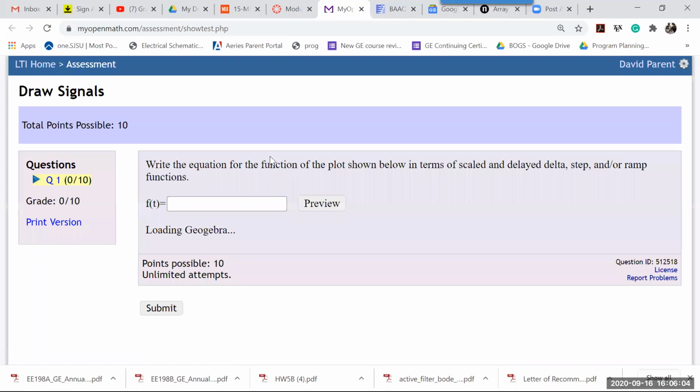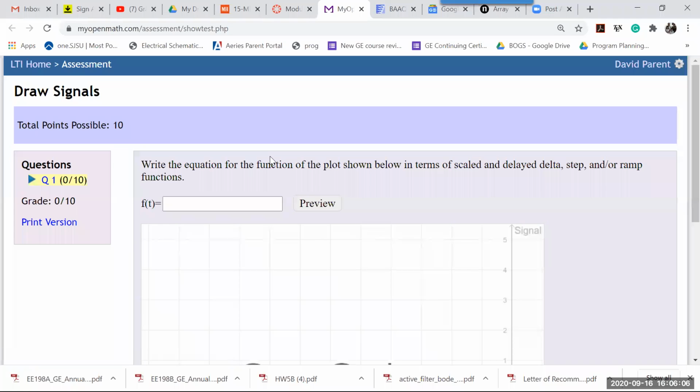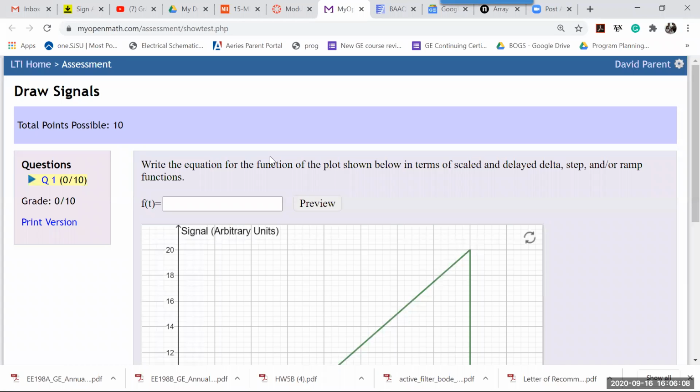Now, everybody should do it, right? And everyone will have a slightly different question, but I'm going to break you up into breakout rooms of 4 so that you can help each other. But you can do this assignment as many times as you want until you get it right.